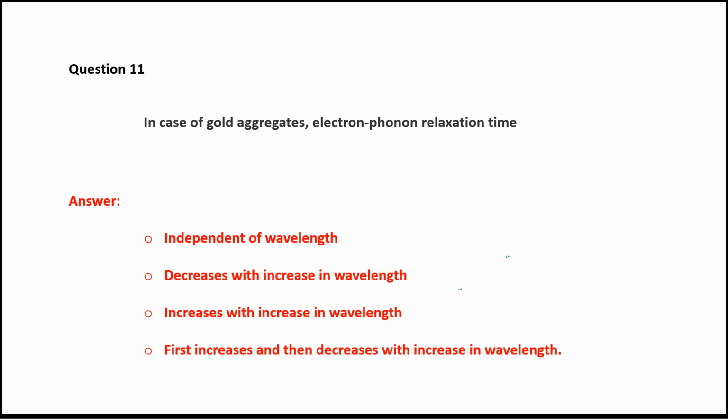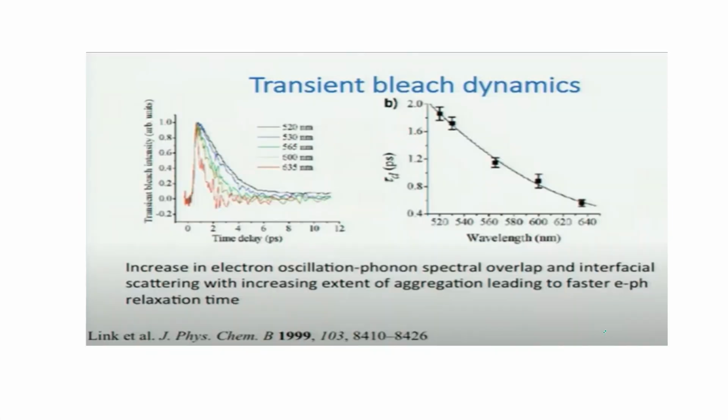aggregates, the electron phonon relaxation time is independent of wavelength, decreases with increase. Similar to this, there is yet another experiment by this group, Link et al. in 1999, where they also observed it at different wavelengths.